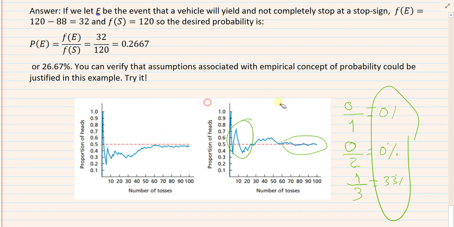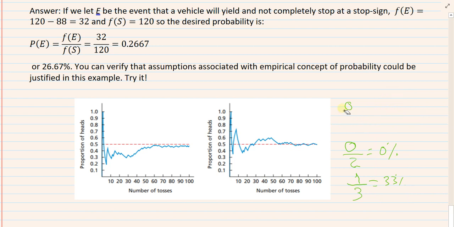That's what the law of large numbers says about empirical or experimental probabilities. Do these a large enough number of times, and the true probability will emerge out of the empirical probability. That is why we like large samples. Imagine your sample size here is 100, and you're pretty close to the actual probability of that event.